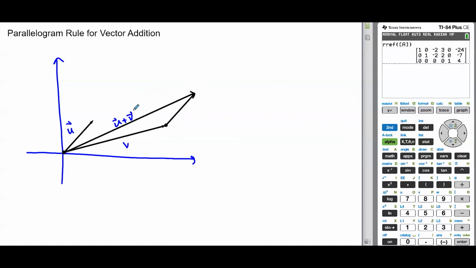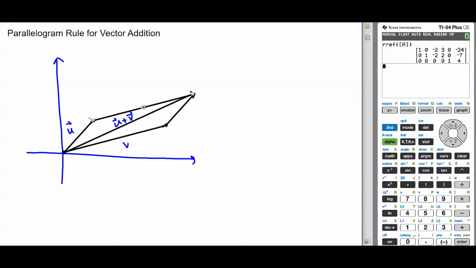So when you add two vectors, you form this parallelogram. If I make a copy of v and place it on the end of u, we get the same thing, and it forms this parallelogram shape.